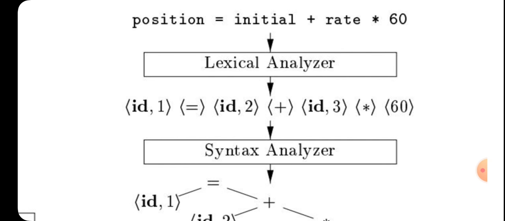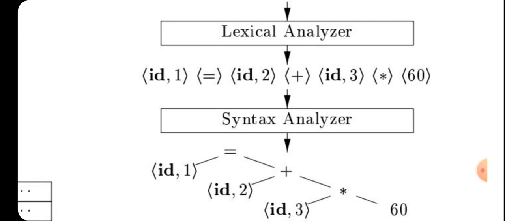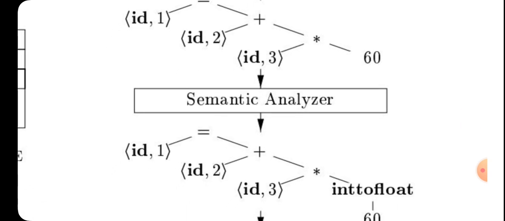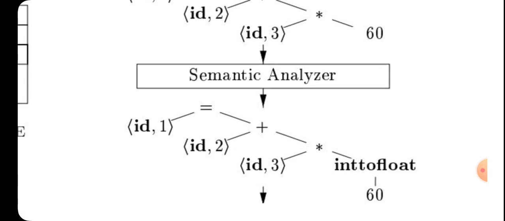The root of the tree, labeled equal to, indicates that we must store the result of this addition into the location for the identifier position. Next, now we are sending the parse tree as an input to the semantic analyzer.